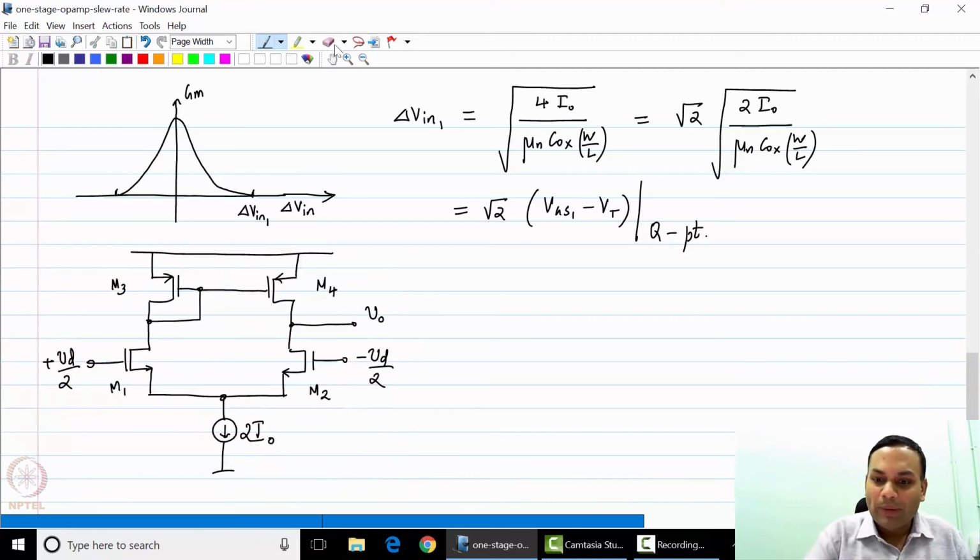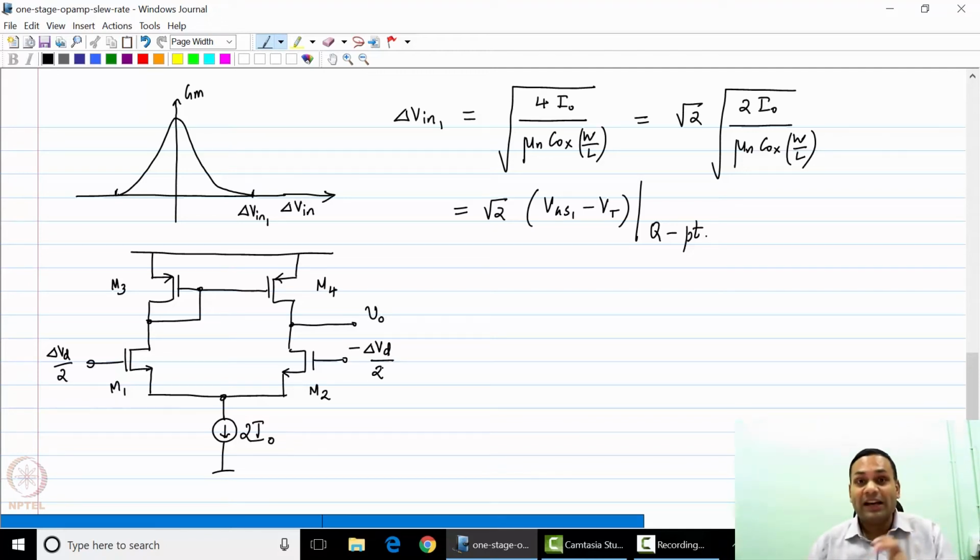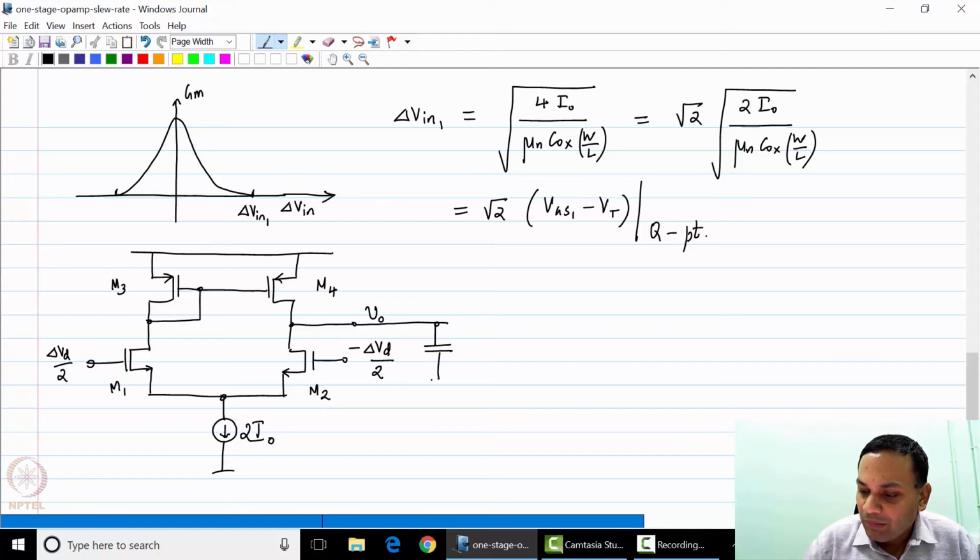So I am going to take the op-amp and start applying incremental voltage steps, delta Vd by 2 and minus delta Vd by 2. In other words, I am applying a differential voltage of delta Vd at its input. And let us say that the op-amp is driving some load capacitance CL.